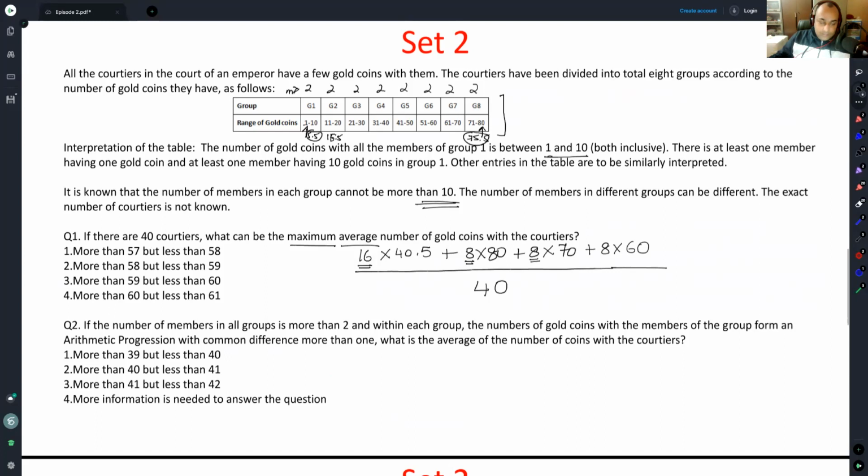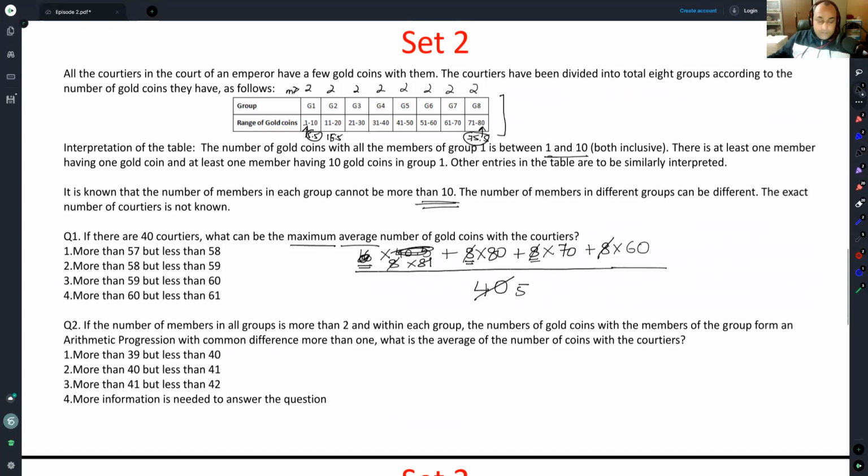While dividing this, hopefully you can see, instead of working with 16 into 40.5, it would be much easier if we worked with 8 into 81. Our life would be simpler. 8 into 81. And 8, I can cancel off from each of these groups. So 8 gone, 8 gone, 8 gone, 8 gone, and we are left with 5.